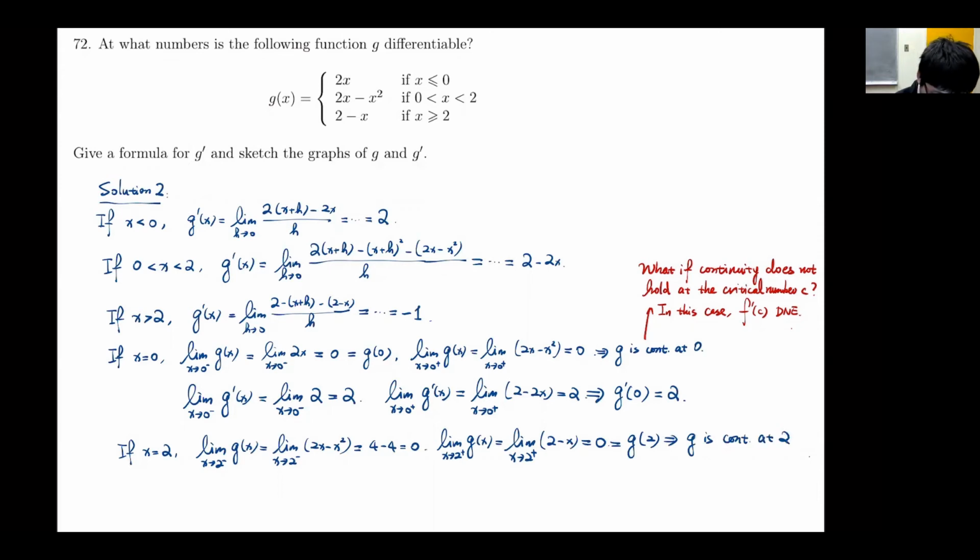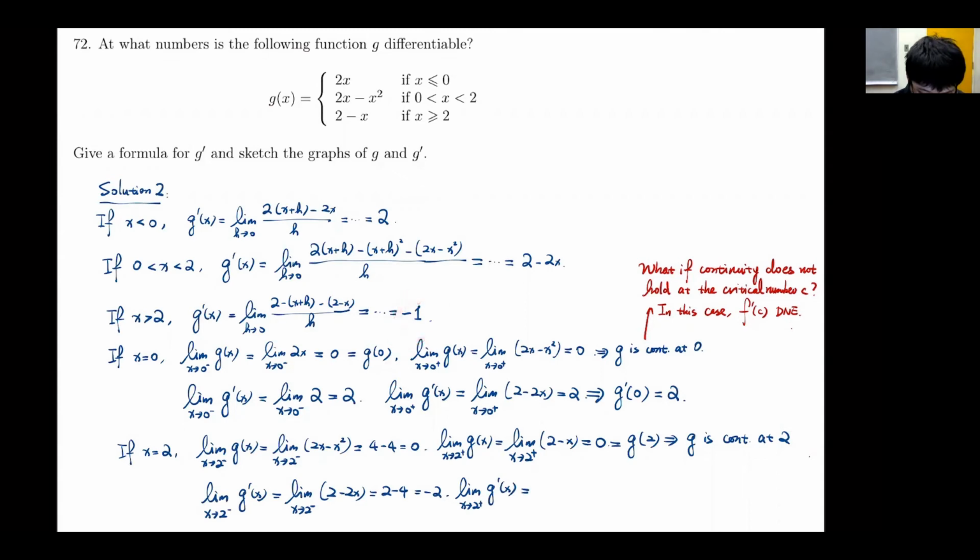Now let's look at the left-hand limit and the right-hand limit of the derivatives. To the left of 2, g prime of x, we have computed to be 2 minus 2x. As x approaches 2 from the left, we get 2 minus 4, and the answer is minus 2. On the other hand, to the right of 2, we saw that g prime of x is a constant function, namely minus 1.